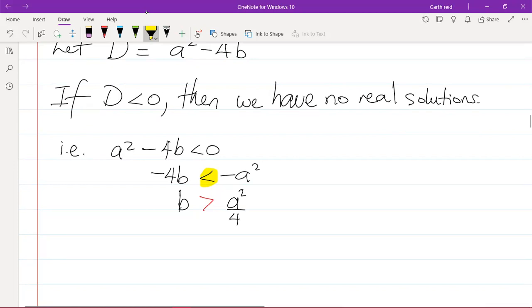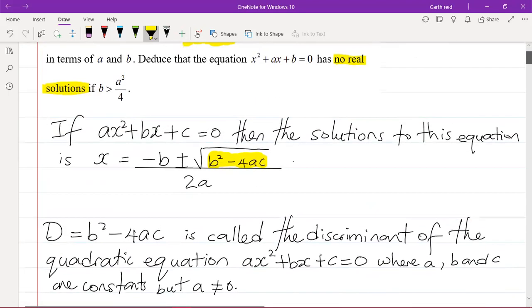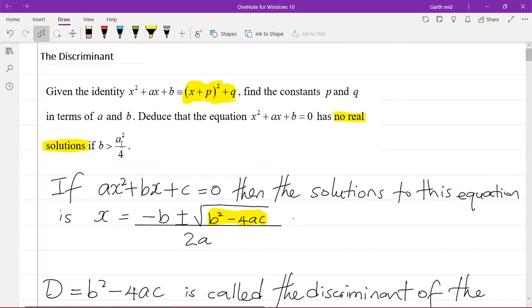In this case, we're dividing by negative 4, so we have to reverse the inequality sign. So b must be greater than a squared over 4, and that is what they wanted us to show. Here it is, b is greater than a squared over 4. So that is the solution to this question.